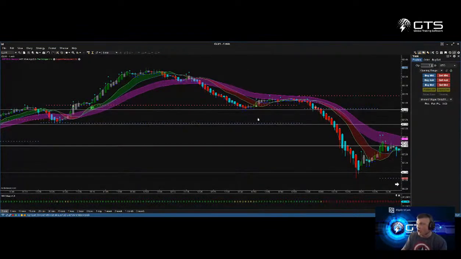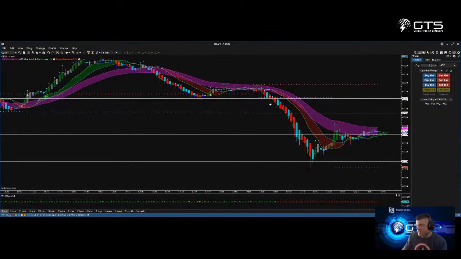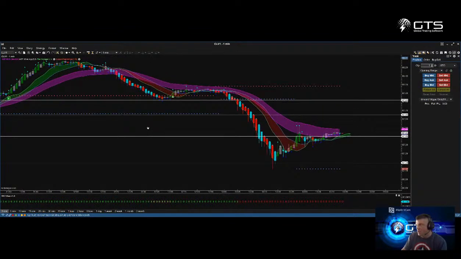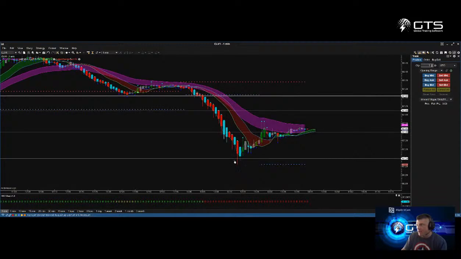So I would call this a parabolic move more so than that. So I would say after a parabolic move, switch the manager to aggressive, and take profit where it tells you to take profit.